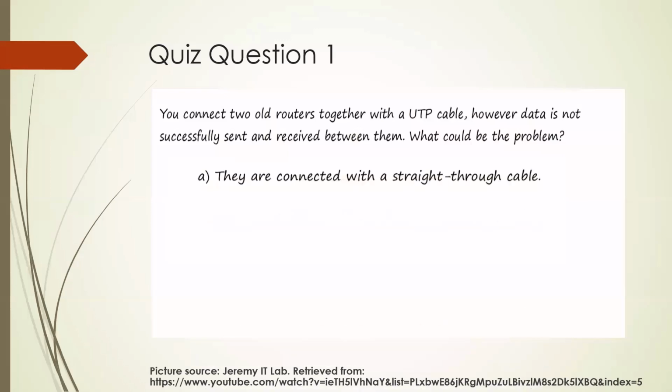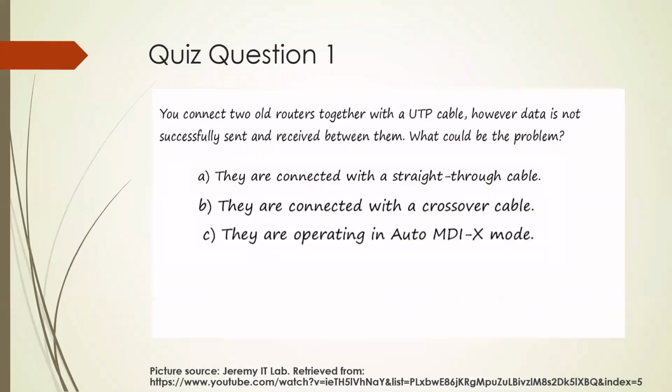A, they are connected with a straight through cable. B, they are connected with a crossover cable. C, they are operating in auto MDIX. Look at your jottings and think about this question, then give me an answer. Everybody will have to answer.